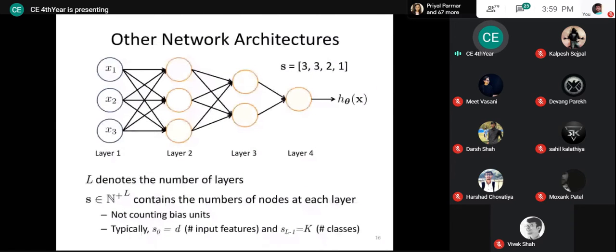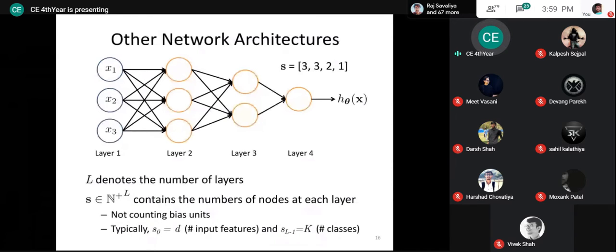And it is not always necessary that the number of neurons is equal for all the layers except the output. So if you consider the second figure, we have 3 inputs, the first hidden layer has 3 neurons, the second hidden layer has 2 neurons, and the output layer has a single neuron.